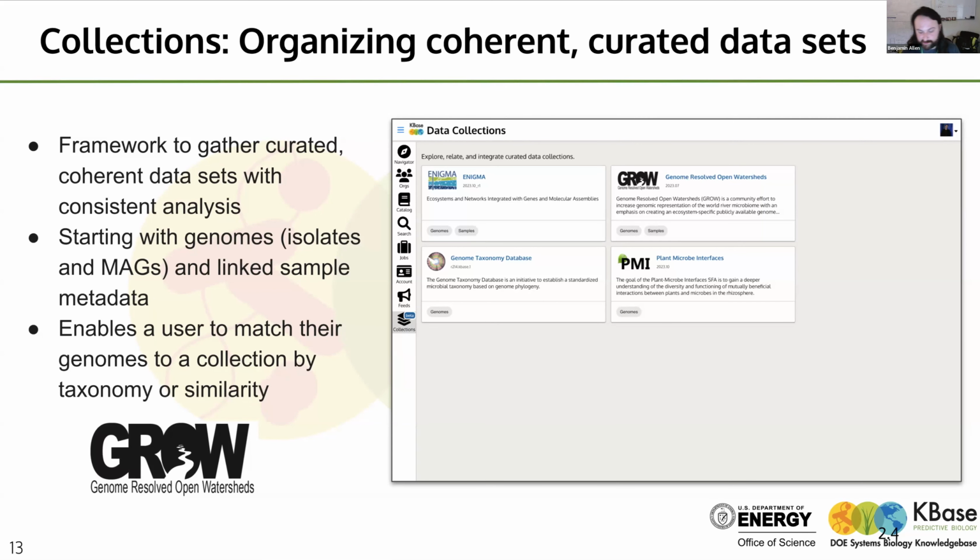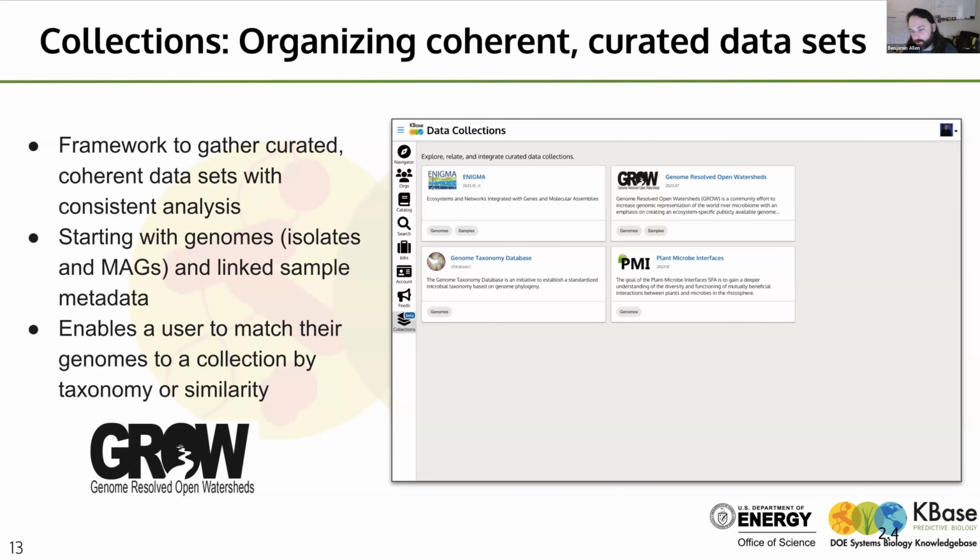And it also allows them to do some searching and finding, based off of either sequence similarity or taxonomic similarity, of their private data against these collections. So you can see, for instance, there's this Genome Resolved Open Watersheds project that has integrated their genomes into the platform.